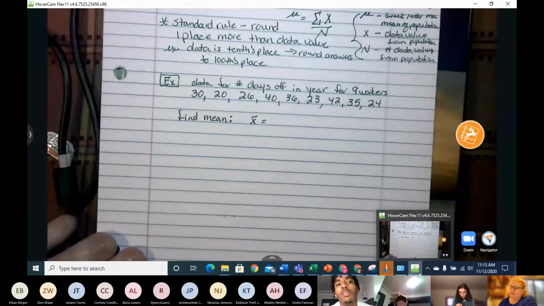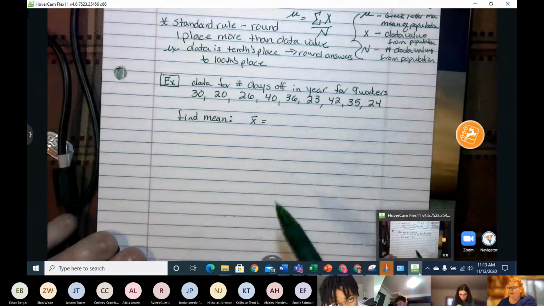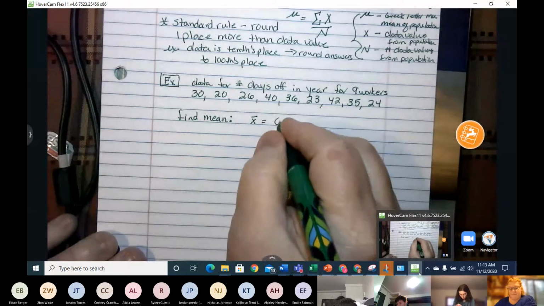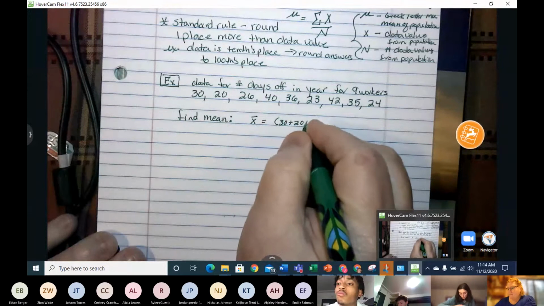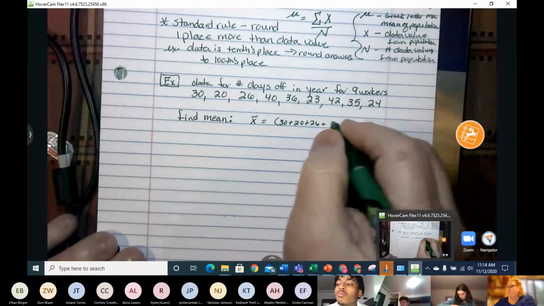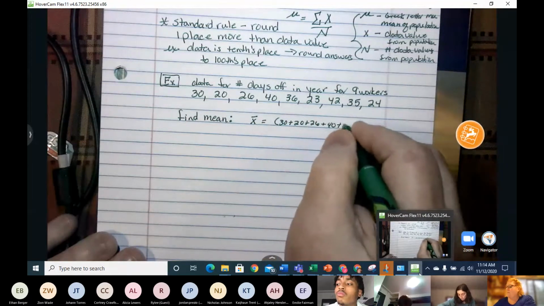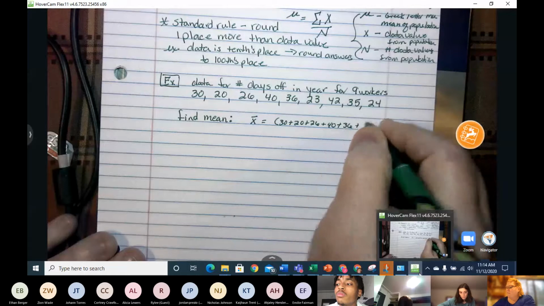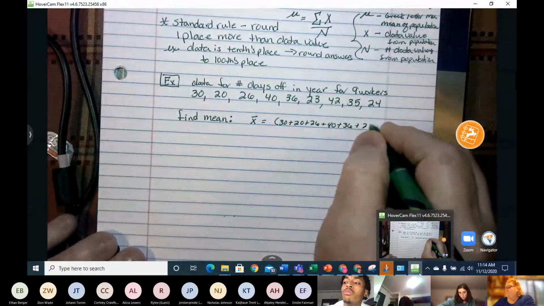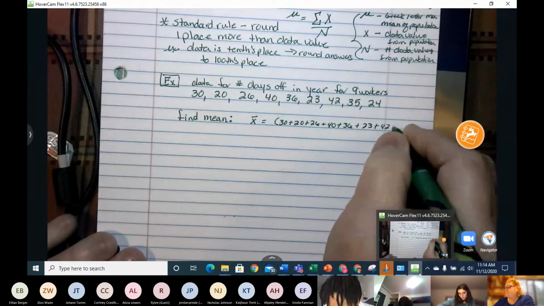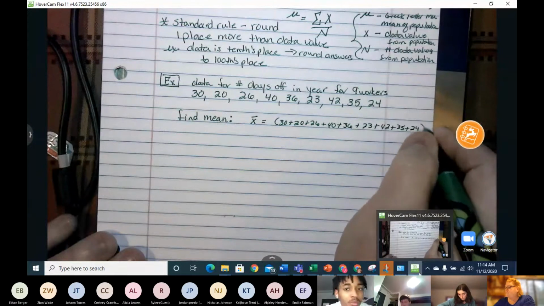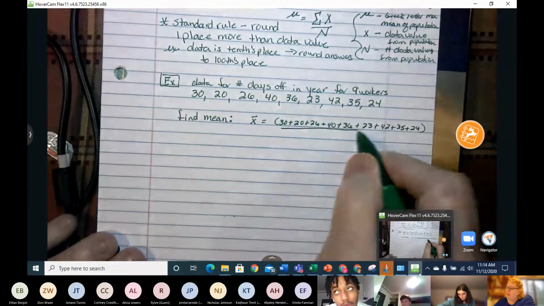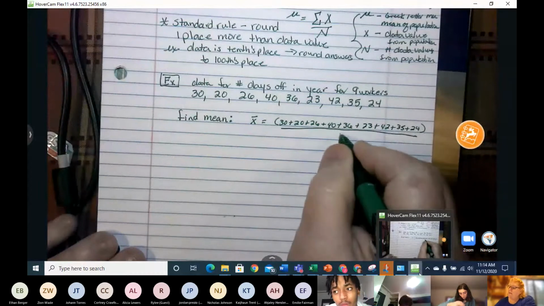In order to do it, I'm going to add up all the data values, and I'm going to divide it by how many there are.